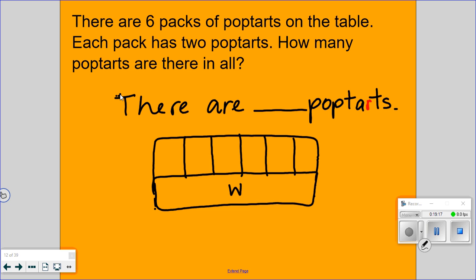Very good. How many are in each pack? 2. So how many do I write in this one? 2. What about this pack? 2. This pack? 2. This pack? 2.